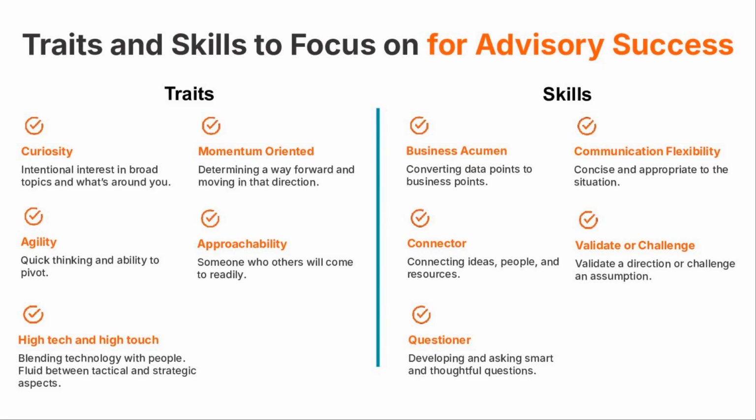And when we can be fluid between thinking tactically and thinking strategically, that is a real advisory advantage to our clients. So pay attention to where we can leverage high technology, Bill being an excellent example of that, and giving you the ability to also be high touch, because you can take what you're learning and then turn that into advice.